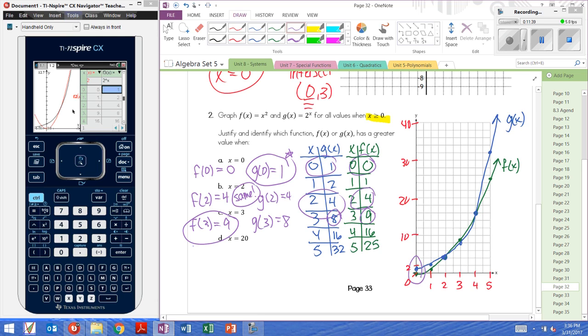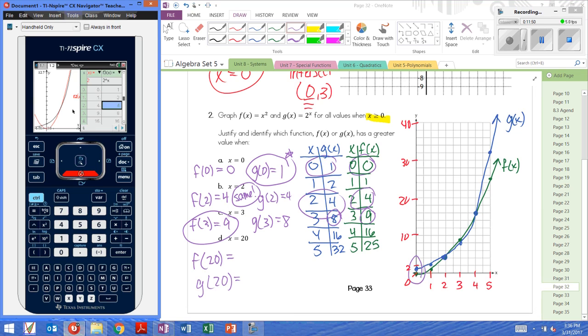How about x is equal to 20? f of 20, that's not in my table. Neither is g of 20. But where can I find it? You're right, the calculator. So we are looking for the x value of 20.